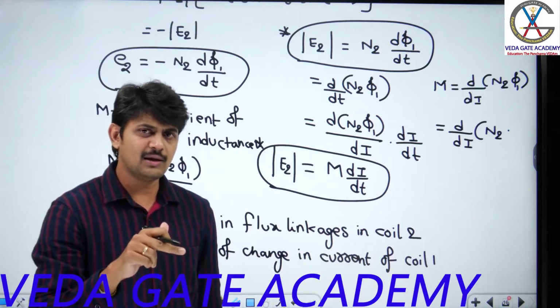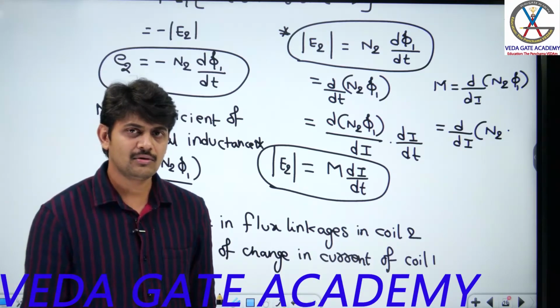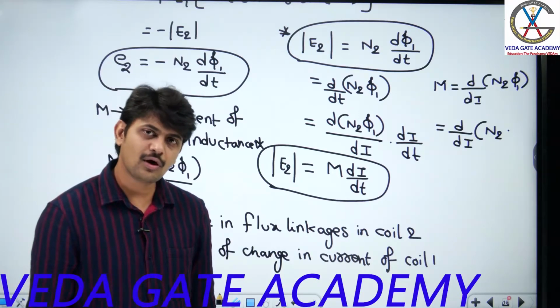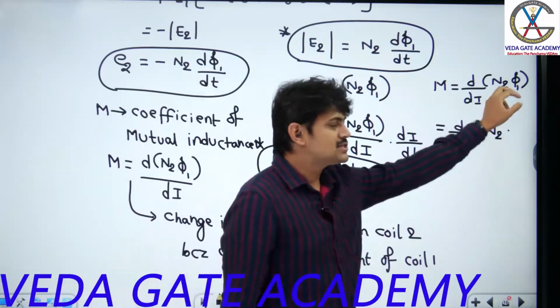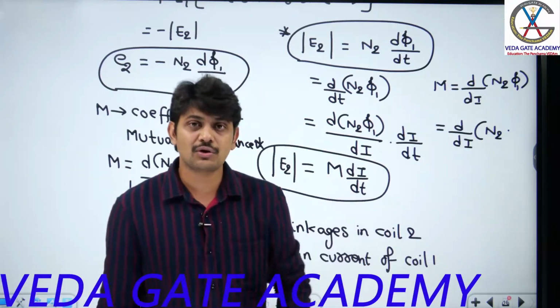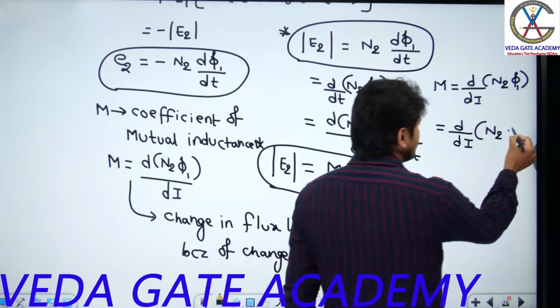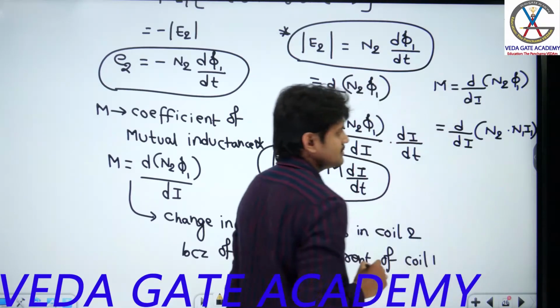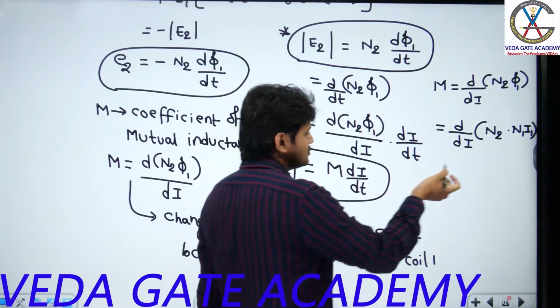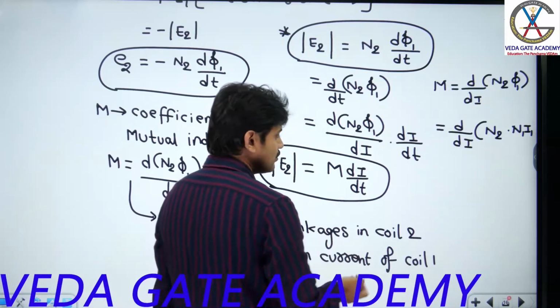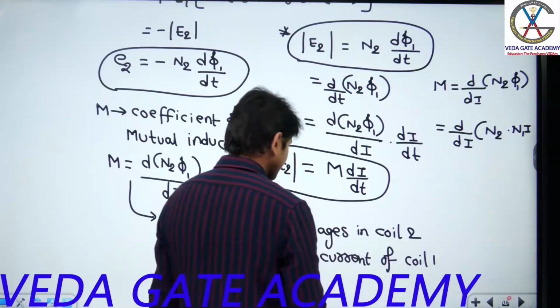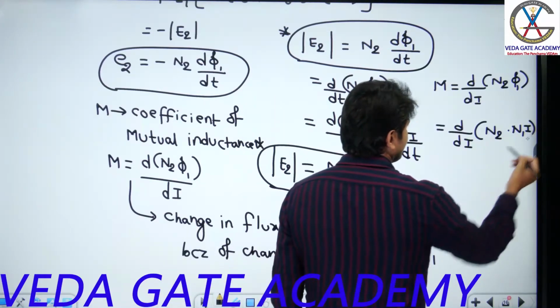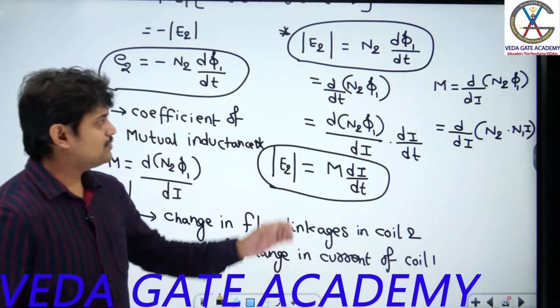Do I need to consider the number of turns of coil 1 or coil 2? I need to consider the number of turns of coil 1, because this phi1 is created because of current flowing through coil 1. So I am going to get N1 into I1. Yes, this is I. Okay, so this is my M value.